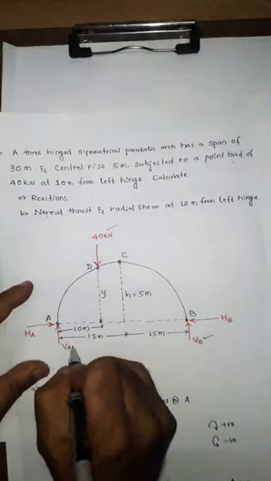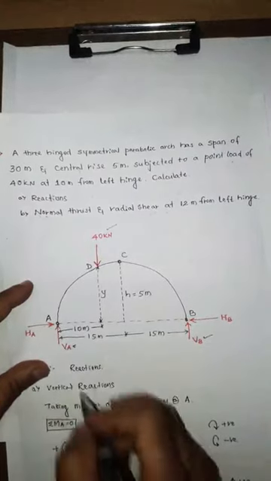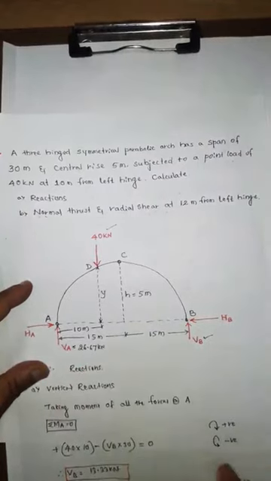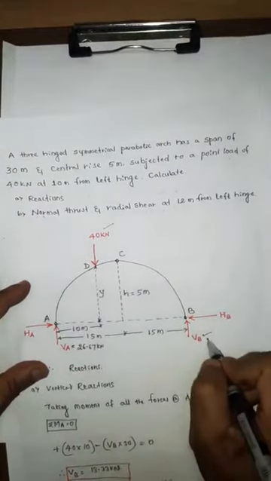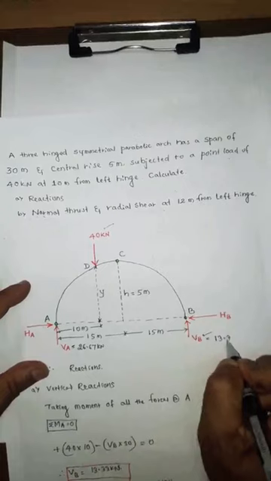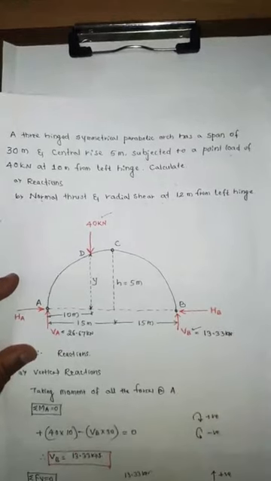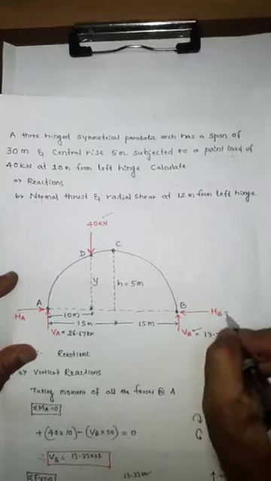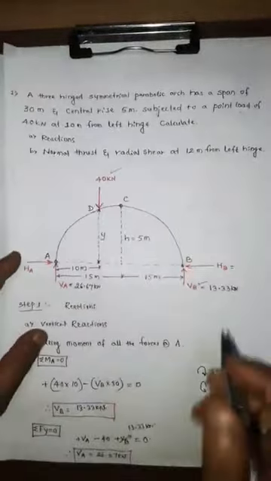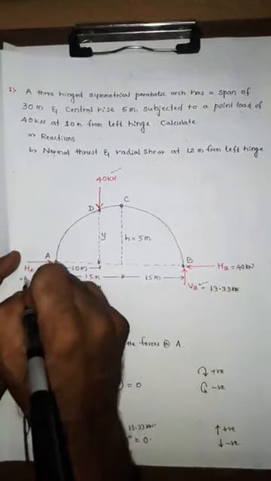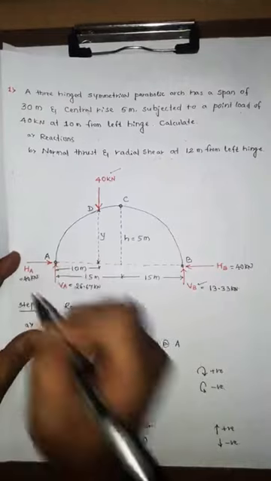So now let us write these values here. VA is equal to 26.67 kilonewton, VB is equal to 13.33 kilonewton. Then HB and HA are the same, that is 40 kilonewton.